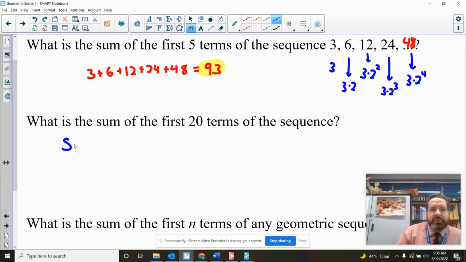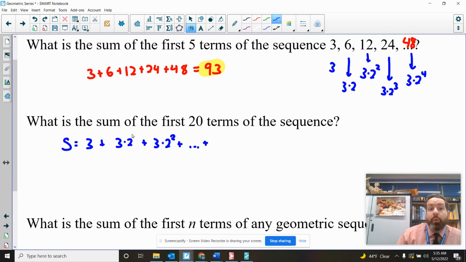The sum of the first 20 terms is going to be the first term plus the second term plus the third term plus all the way up through the 19th and 20th terms. Now here's the thing. Notice how the exponents, so the first term had no 2's.